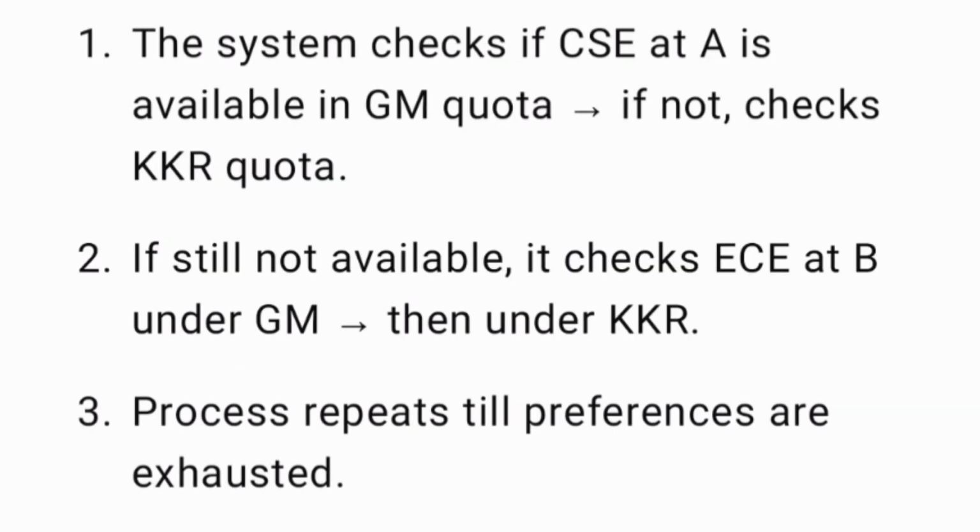And even if it is still not available, then it will move from CSC to the second preference, which is ECE at college B. For ECE at college B also it will check in the same order. First the KKR student will be checked for GM seats, and then for the KKR seat, and this process repeats till every preference of the KKR student is exhausted and he reaches the bottom of his choice filling order. So that is how it happens.